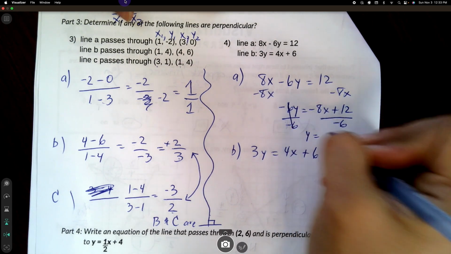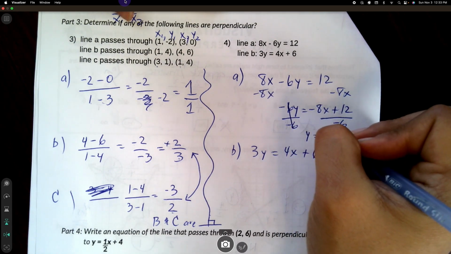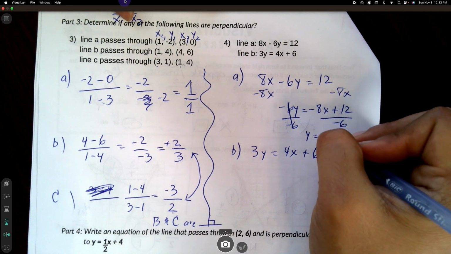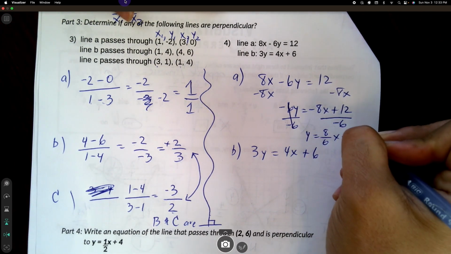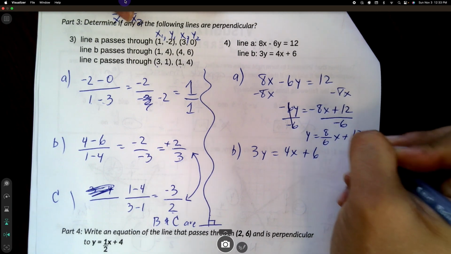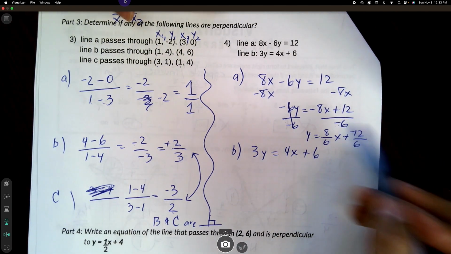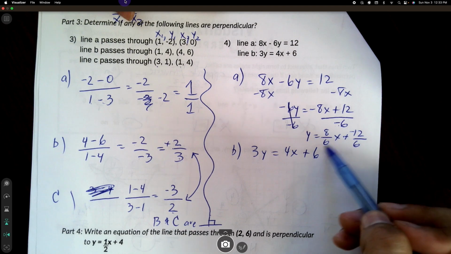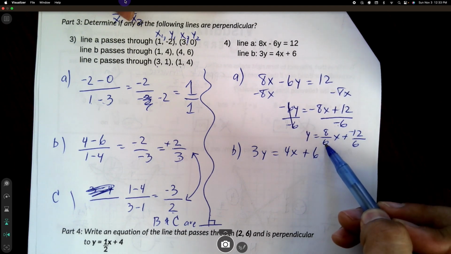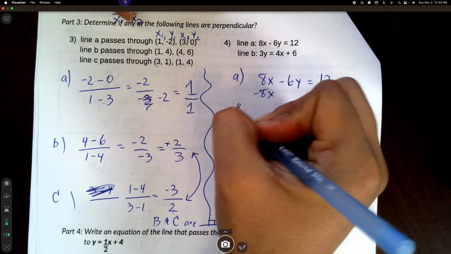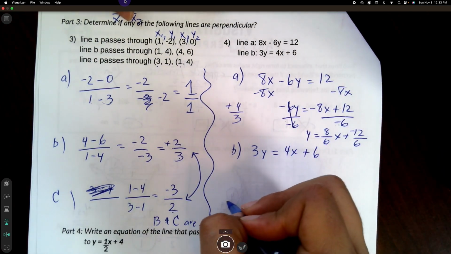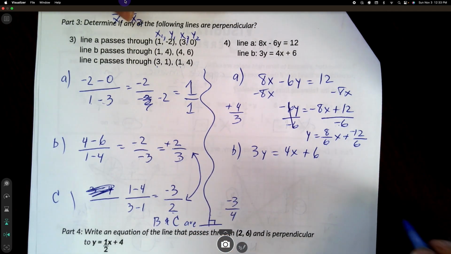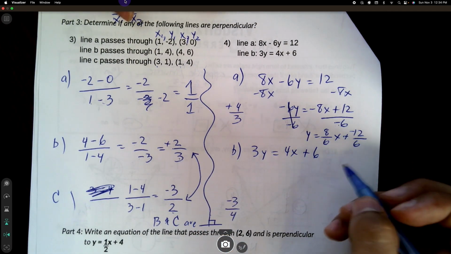We're left with y equals negative is positive, so this is 8 over 6x plus 12 over 6, but this is going to be negative because that's negative. 8 over 6, this is 4 over 3. Okay, so just kind of keep that in mind. That's 4 over 3. That's our slope, and it's positive. So we need a slope of negative 3 over 4. So let's see if that's what we get.